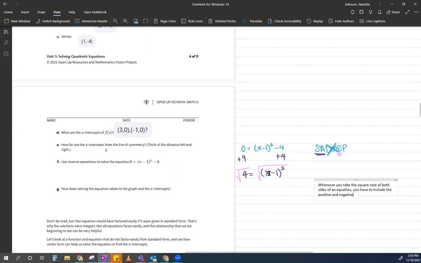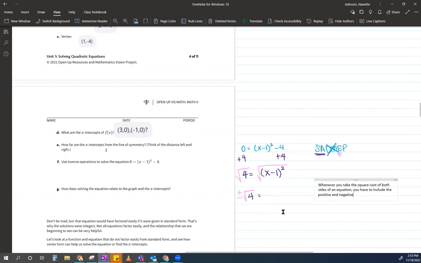I'm saying, what number squared gives me 4? And you're like 2. And I'm like, there's another number. And you're like, oh yeah, -2. So the +2 and the -2. I'm going to write it like this: plus or minus the square root of 4. Ms. Johnson, but I know what the square root of 4 is. It's 2. But even if it was a number you didn't know, you could just leave it like this.